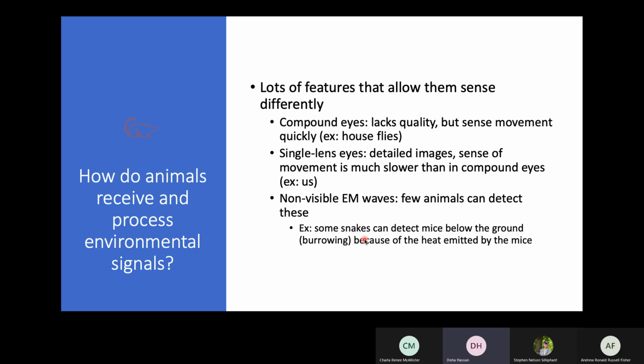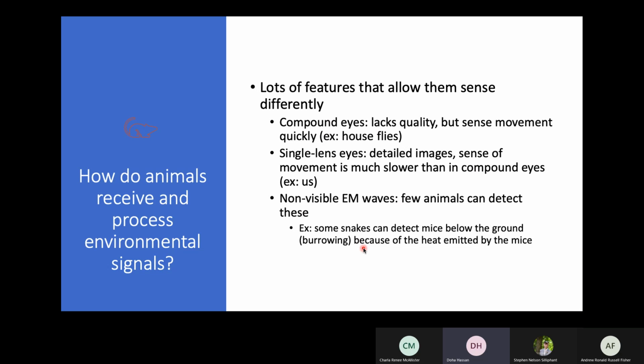It's really weird because the snake can't see it, can't smell it, can't really detect it, except for the fact that the mouse under the dirt is emitting very, very small amounts of heat. Obviously, like from body heat, just like everyone else emits body heat too.